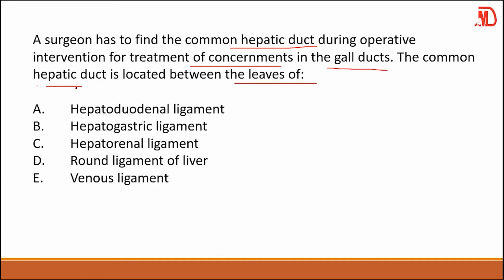Please look at it very well when you get your atlas, or you can even Google it. So here you're looking at A as your answer, hepatoduodenal ligament. All right.